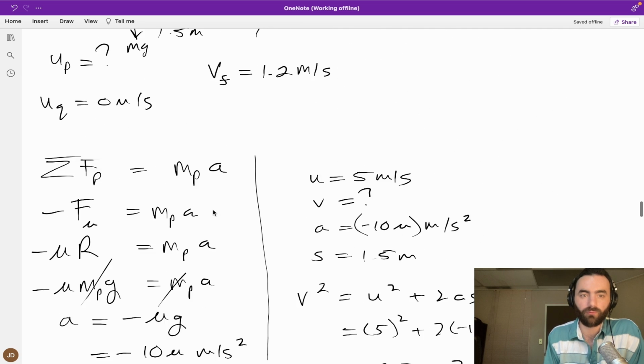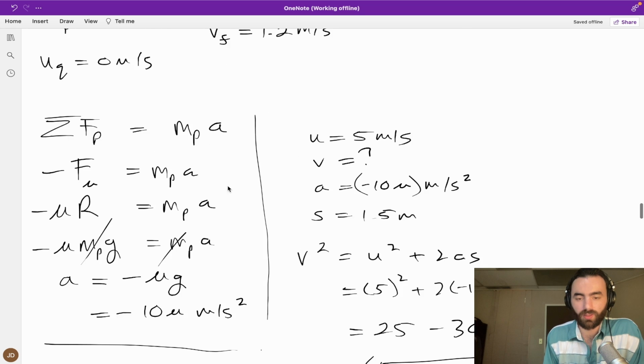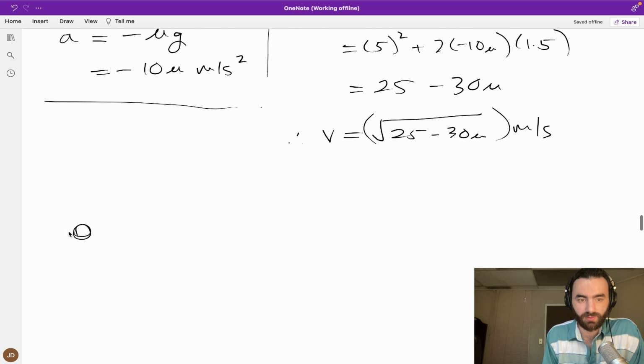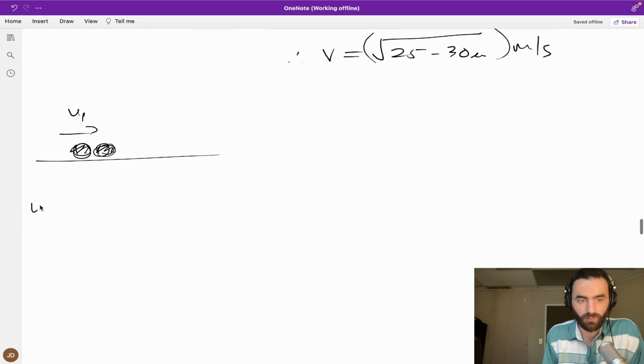So just before it hits, the velocity of P is UP, where UP is the square root of 25 minus 30 mu meters per second. UQ is 0, right?